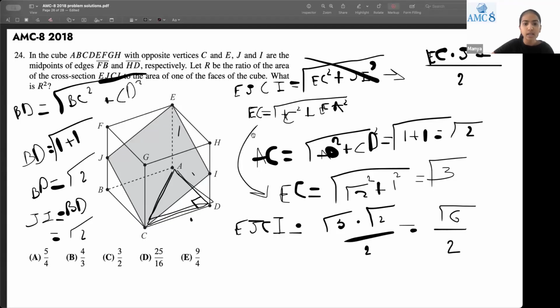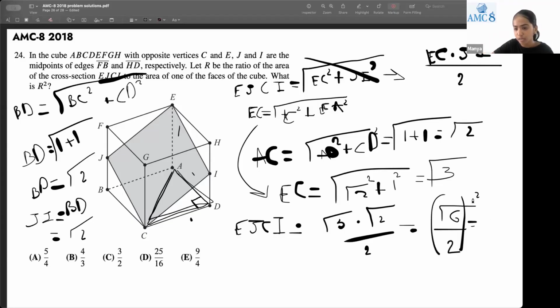And now they're asking us, what is r squared? So to find out what r squared is, we can simply do the square of the square root of 6 over 2, times the square root of 6 over 2.